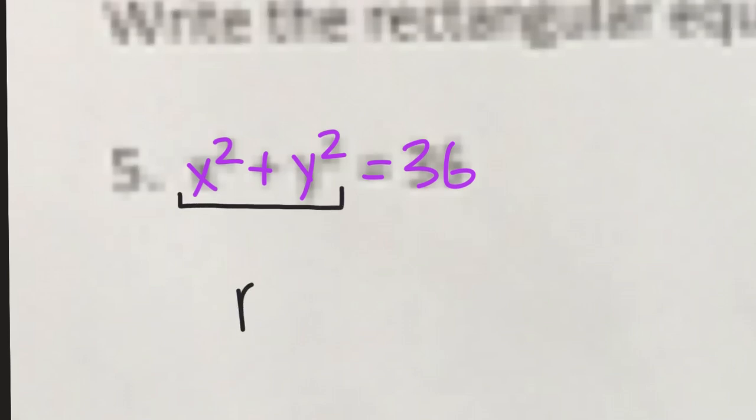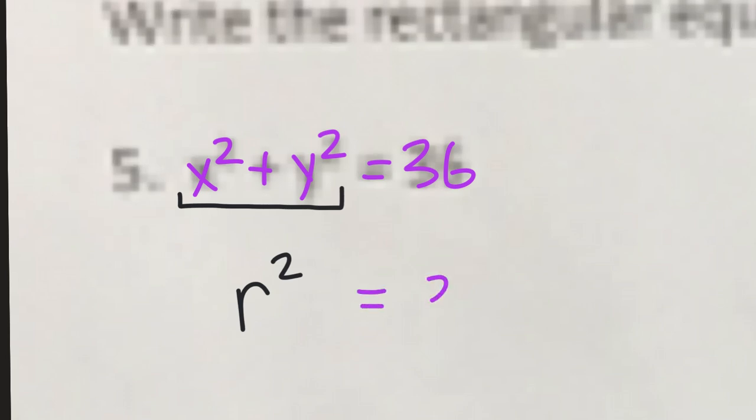So here we have, where to go? Oh, over here. Sorry, I just did numbers 7 and 8. Back to number 5. This one says x squared plus y squared equals 36. So hopefully we know that we can replace x squared plus y squared with r squared.